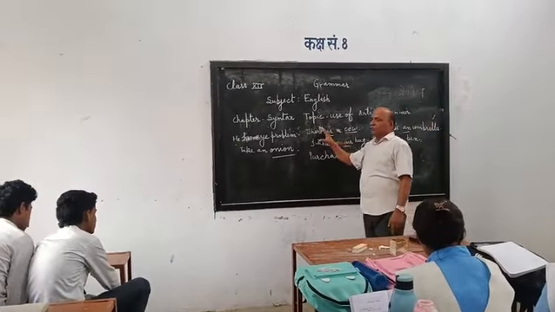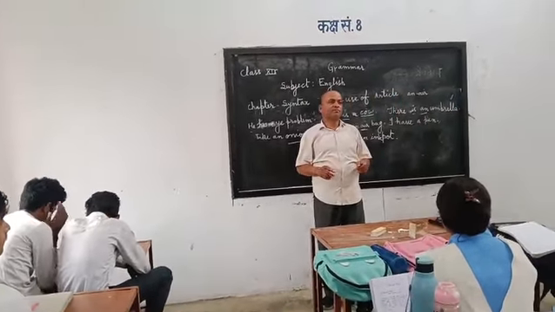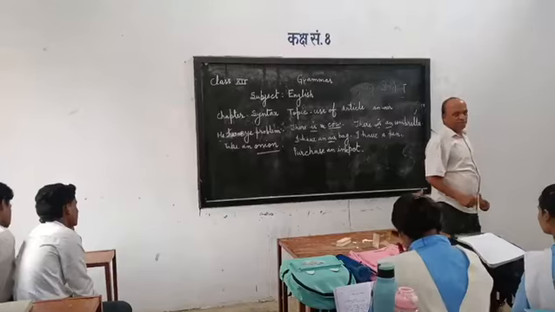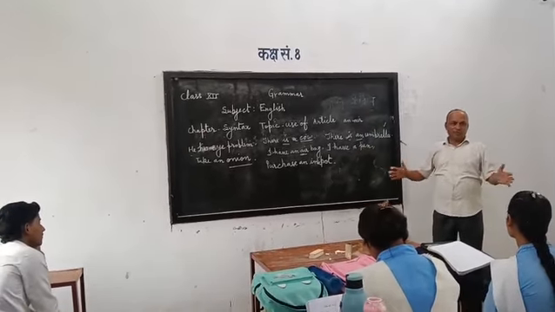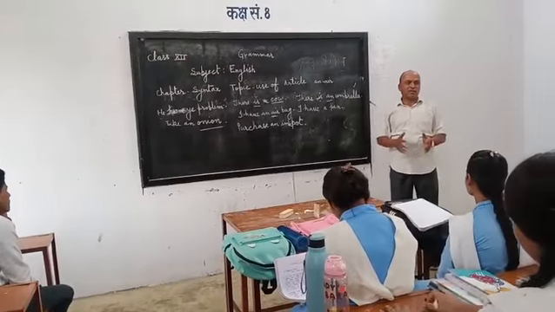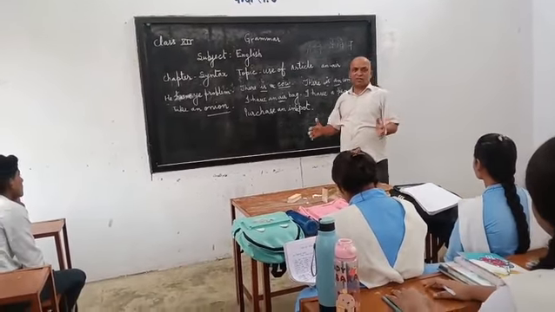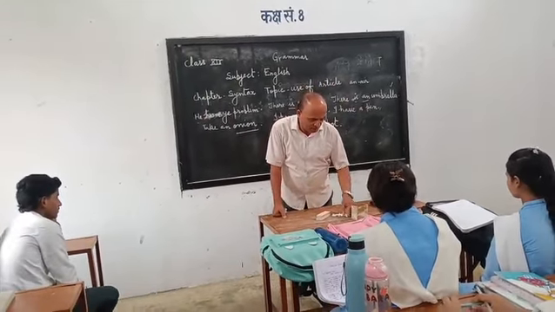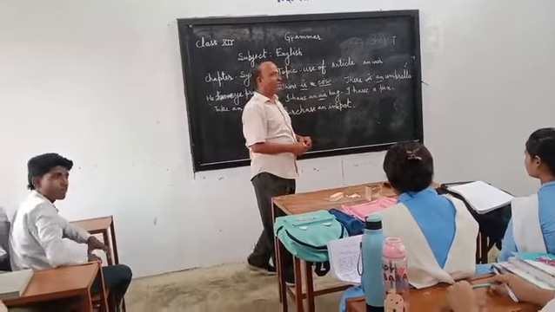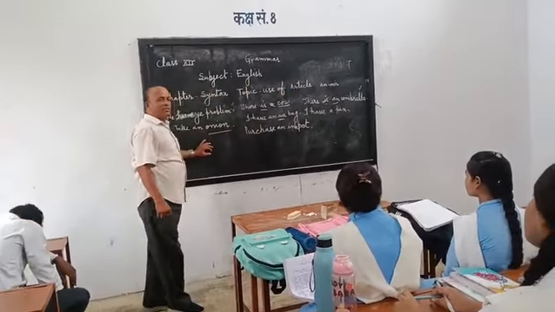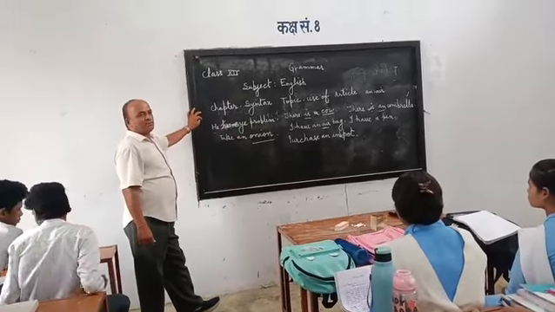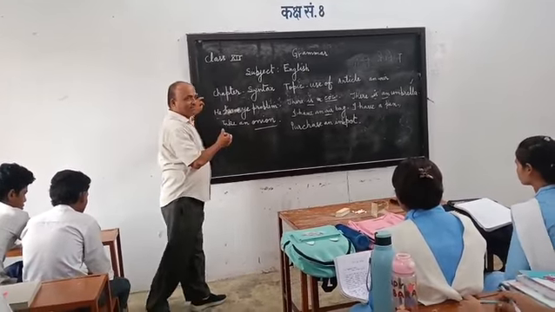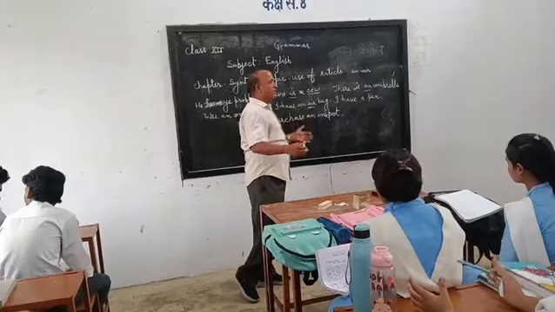Mind it that if you are going to use a or an, it diminishes the scope of that particular word. Diminishes means decreasing, not increasing. Cut short, reduce, it means diminish. In mathematics, you are reading all the time addition, subtraction. In the same way, here increment and decrement.